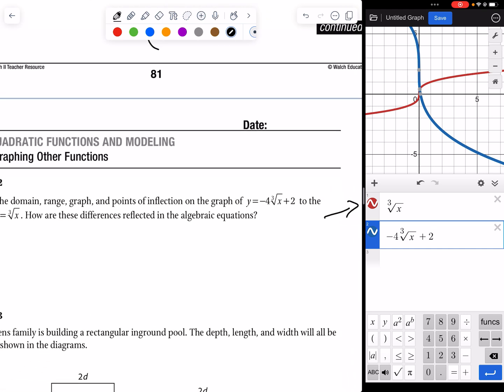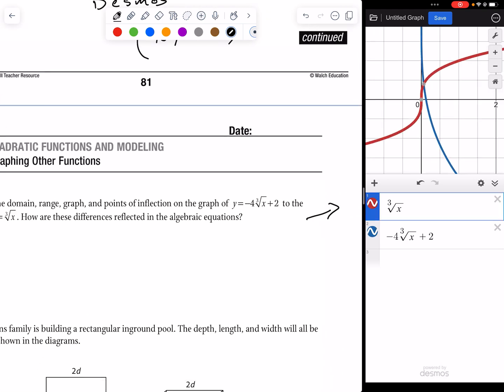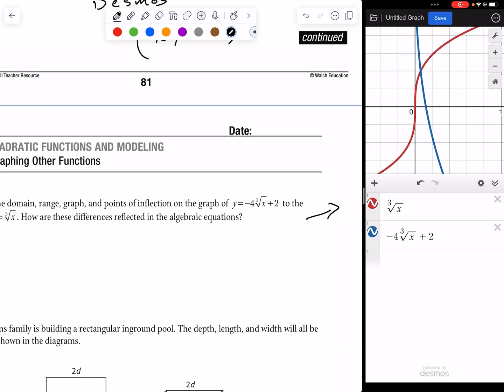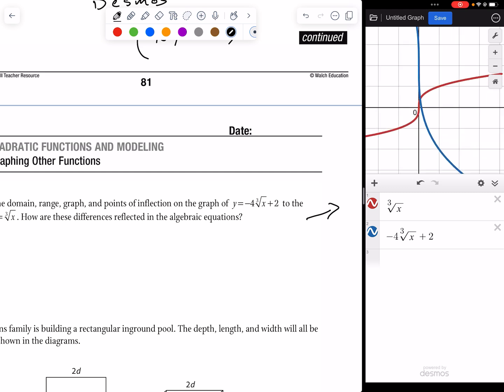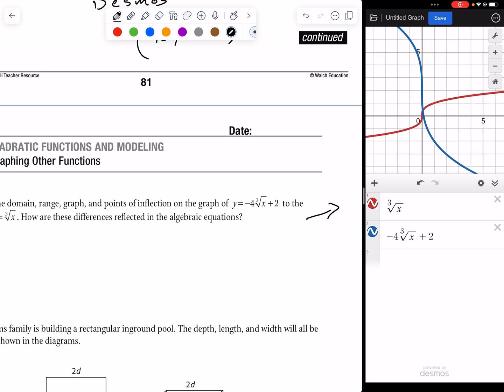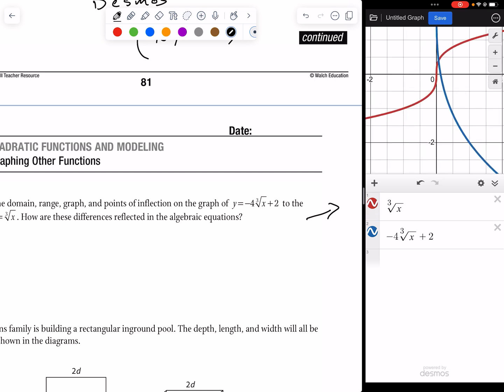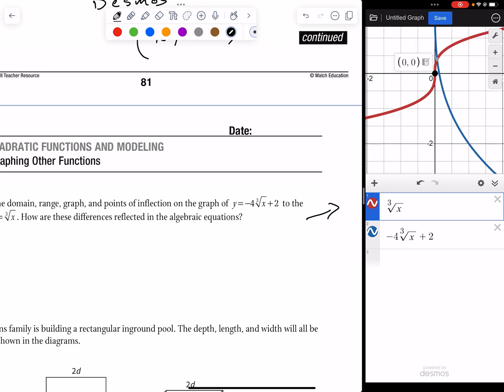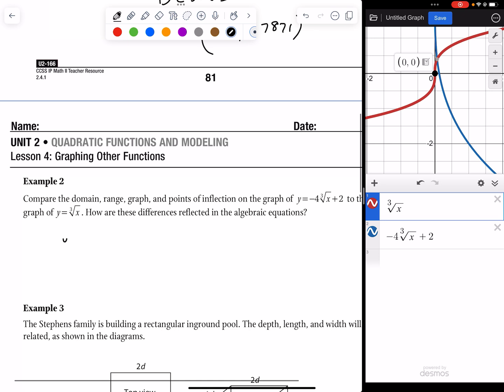Now the point of inflection is where the graph changes direction. Inflection point.